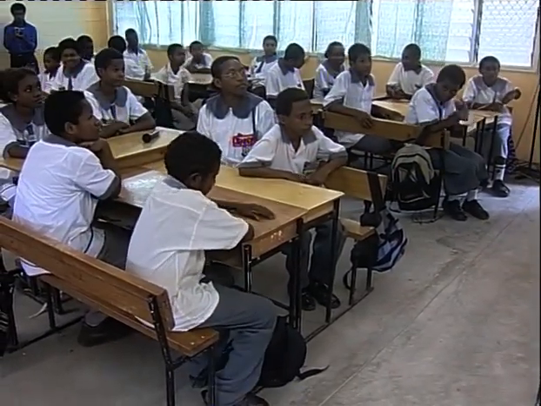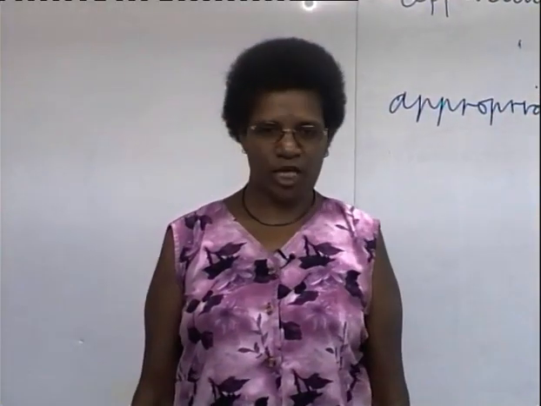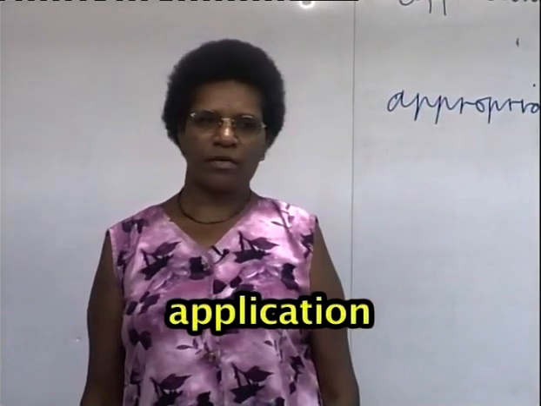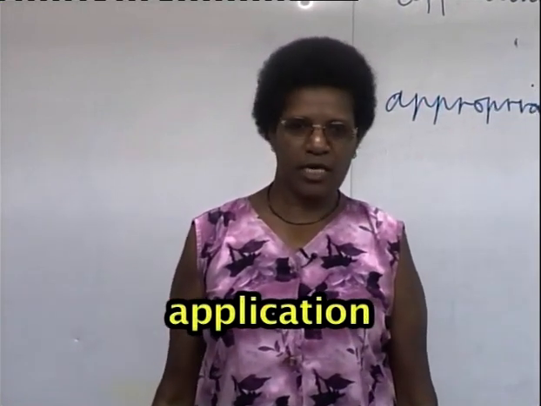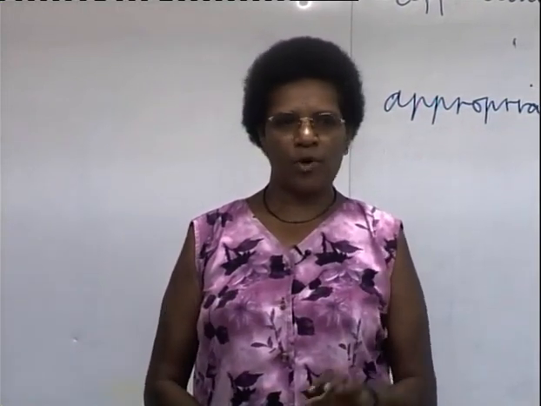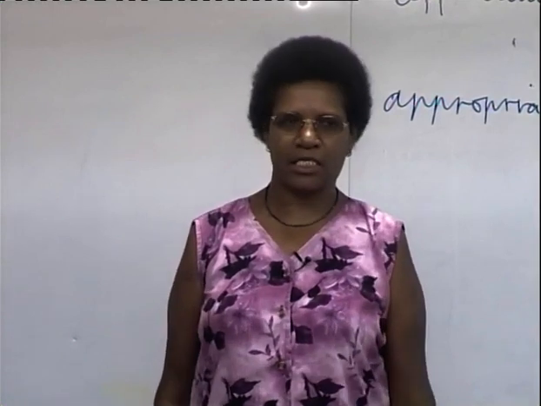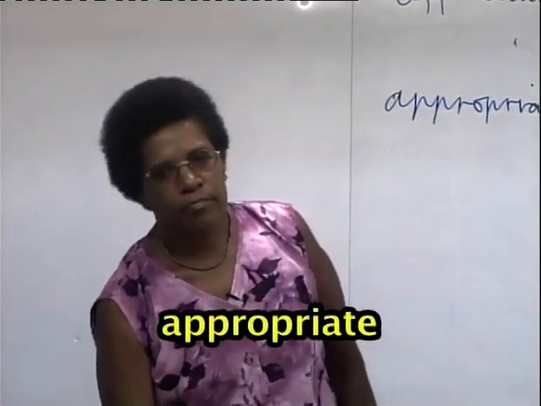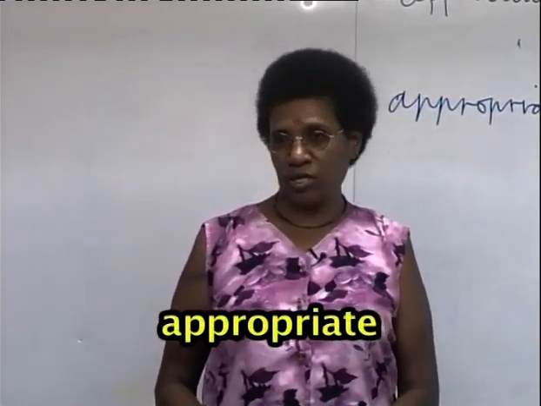Our lesson topic for this morning is application and appropriate ways and methods. The application talks about action taken or a process taken in doing certain things. Appropriate is the correct way or suitable way.